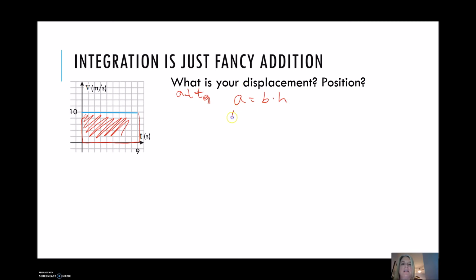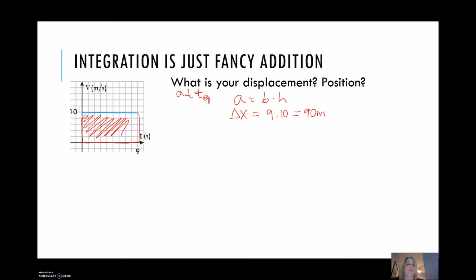So our displacement is equal to the base, which is 9, times the height, which is 10, which is just 90 meters. Now, does that tell me where my position is? Well, no, because it's just the change in position. It depends upon where I started.